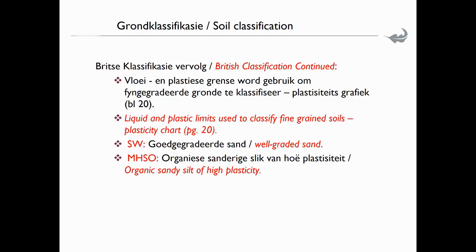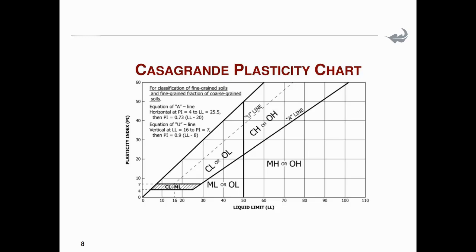The British classification system looks at the liquid and plastic limits and is used to classify the fine-grained soils on the plasticity chart, which is given on page 20, and you can end up with descriptions such as SW, which would be a well-graded sand, or MHO, an organic sandy silt with high plasticity. And this is the plasticity chart.